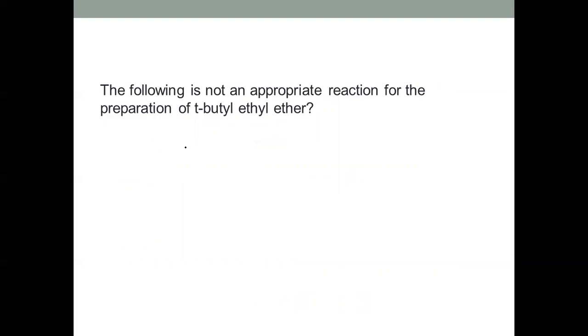Now, what are the appropriate reagents? Yeah, I'll give you one reaction. Is this an appropriate reaction for the preparation of, yes, tertiary butyl ethyl ether? Yeah.